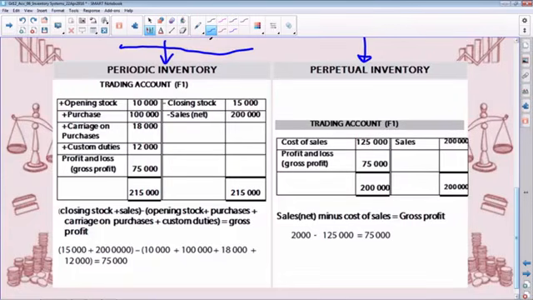We said we're starting with the periodic first, so that's where we're going to go. Right, now, you would start off with your opening stock, keeping in mind that your last year's closing stock becomes this year's opening stock.